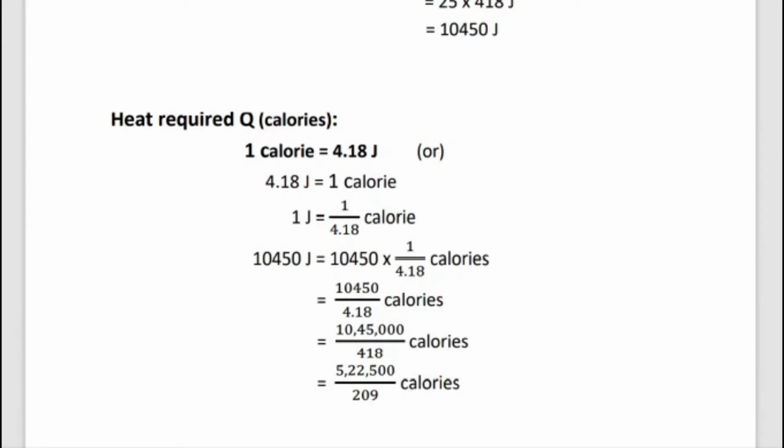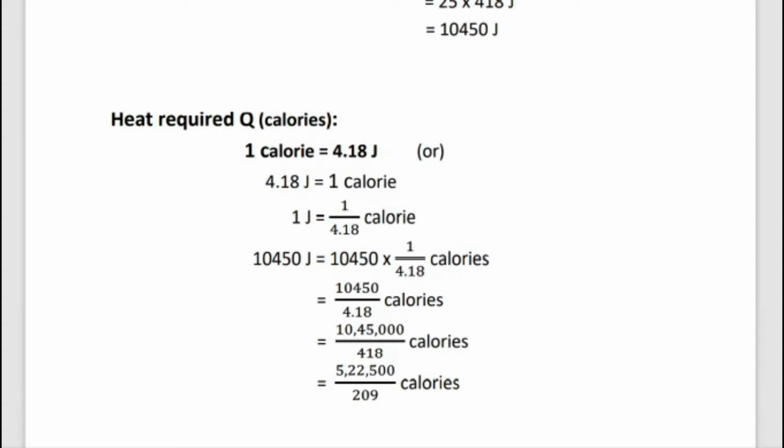The SI unit of heat energy is joule. The other two commonly used units are calorie and kilocalorie. What is a calorie? We know 1 calorie is defined as the amount of heat energy required to raise the temperature of 1 gram of water through 1 degree Celsius. The relation between calorie and joule is 1 calorie is equal to 4.18 joules.